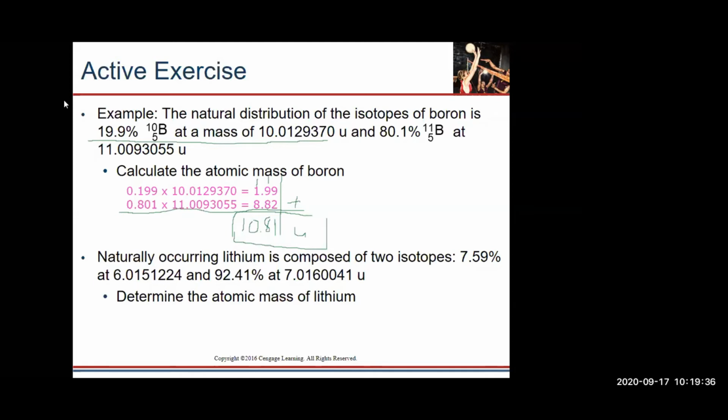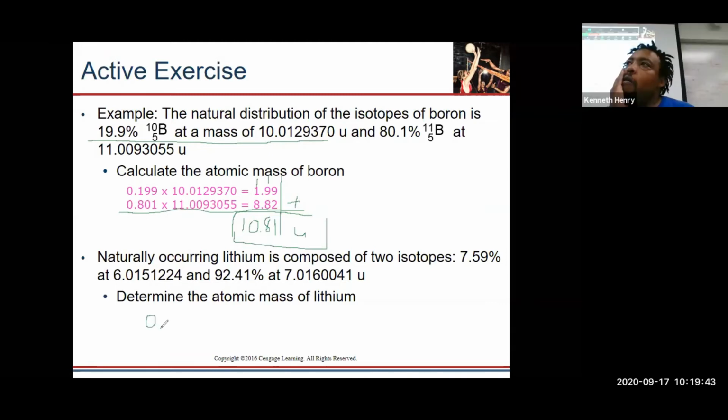0.0759 times 6.0151224. Let me type it because my handwriting is horrible.